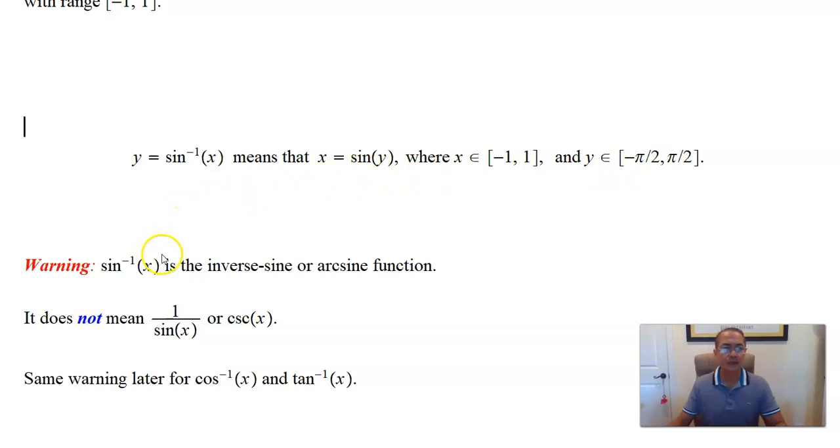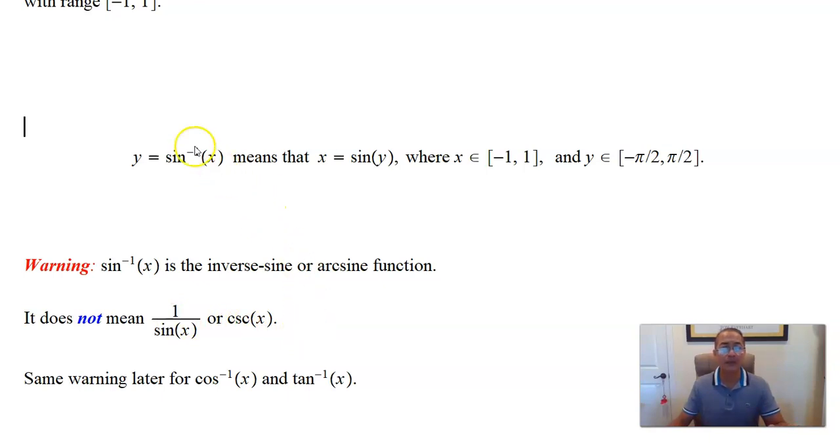Okay, so I want to give you a little warning on the notation. I used arc sine in GeoGebra, but most of the time, just to save us some writing, we use sine inverse. It looks like a reciprocal, but obviously it is not. It does not mean the reciprocal of sine of x. If we meant the reciprocal of sine of x, we would have written cosecant x from trigonometry.